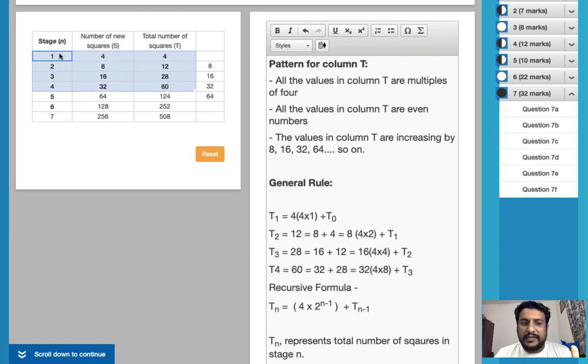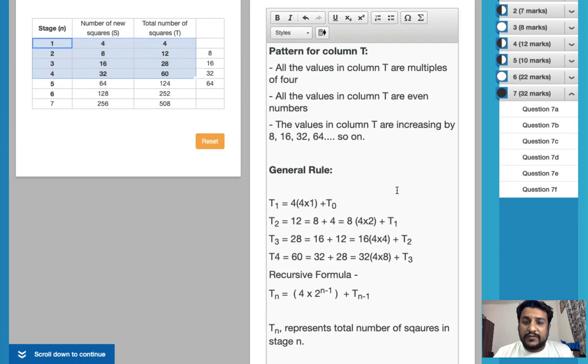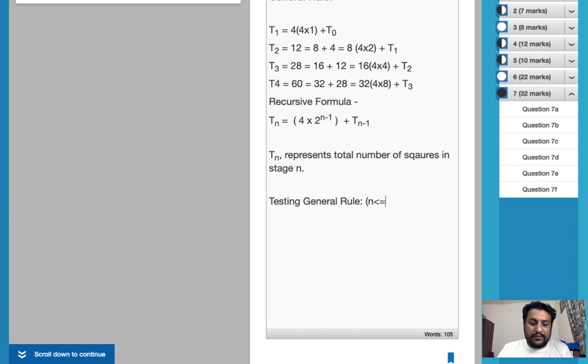So we can test for n equals 1, n equals 2, n equals 3 or n equals 4. In simpler words, n less than or equal to 4. You can test for any values of n less than or equal to 4. This is for your explanation. I am using this notation, or you can use mathematical notation over here.